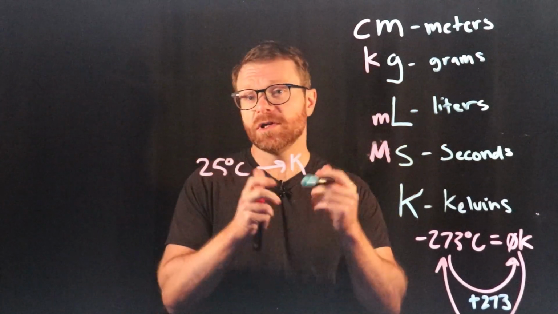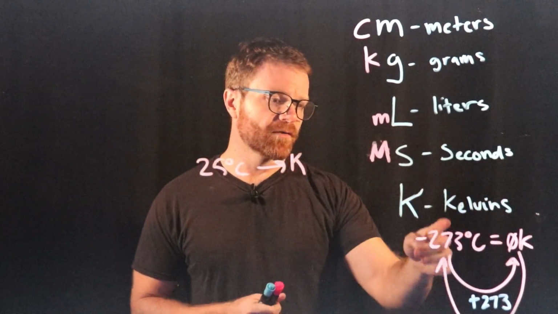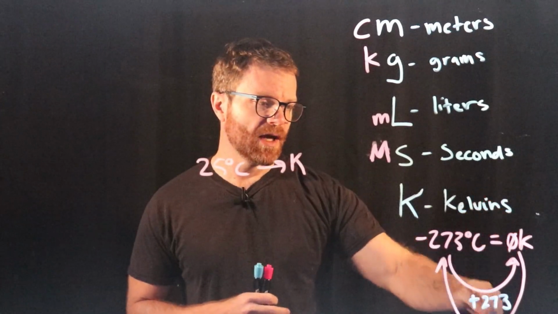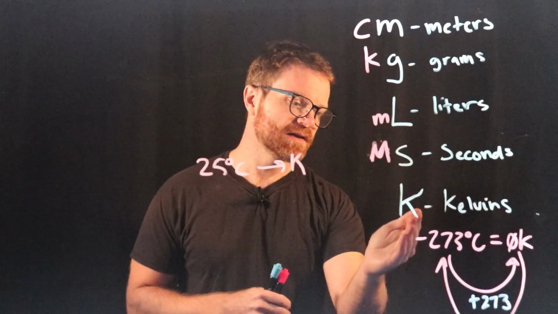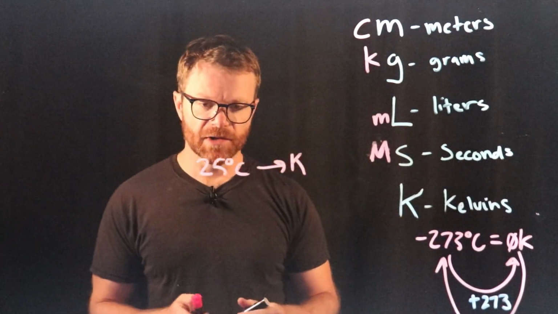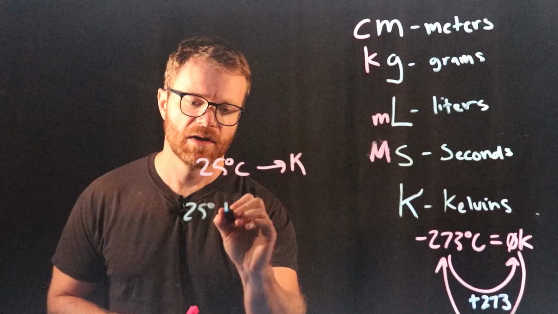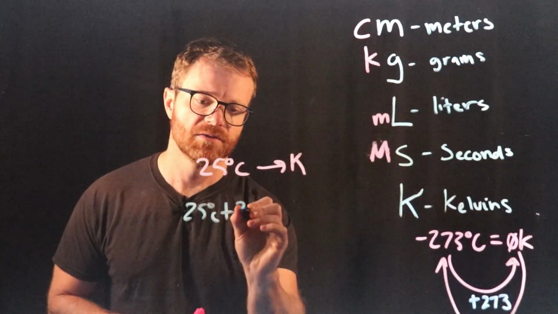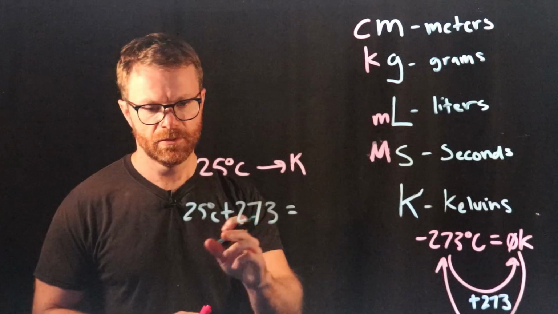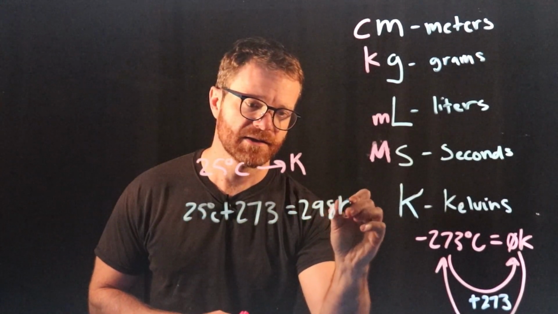And so that's all you need to know about converting from Celsius to kelvins. When you're going from degrees Celsius to kelvins, you add 273, and when you're going from kelvins to degrees Celsius, you subtract 273. So this actually becomes just a really easy problem. We just take 25 degrees Celsius plus 273, and that's going to equal 298 kelvins.